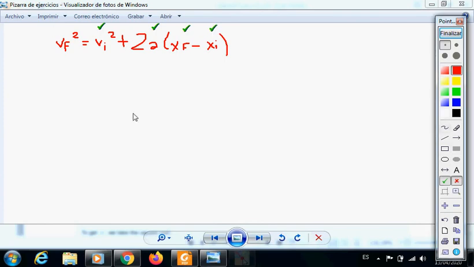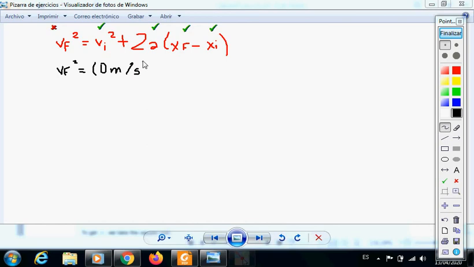What we don't have is the final velocity. So let's start with that. Final velocity squared is equal to the initial velocity squared. Why is it 0? Because it starts from rest. In every competition, all the racers start from rest.